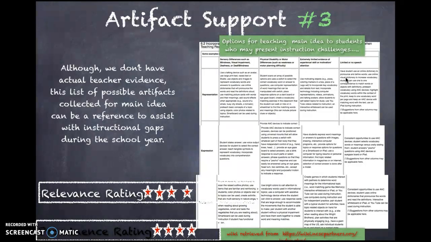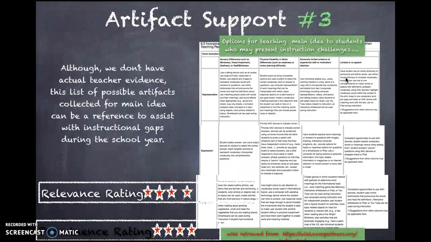So for instance, if the instructional gap was representation, like if it had sensory differences such as blindness, visual impairment, deafness, using a talking device, or use large print text, raised text, or braille. Use objects and images to represent vocabulary words and answers to questions. Use online dictionaries that will pronounce the words and read the definitions aloud, using matching picture cards with words and their meanings.